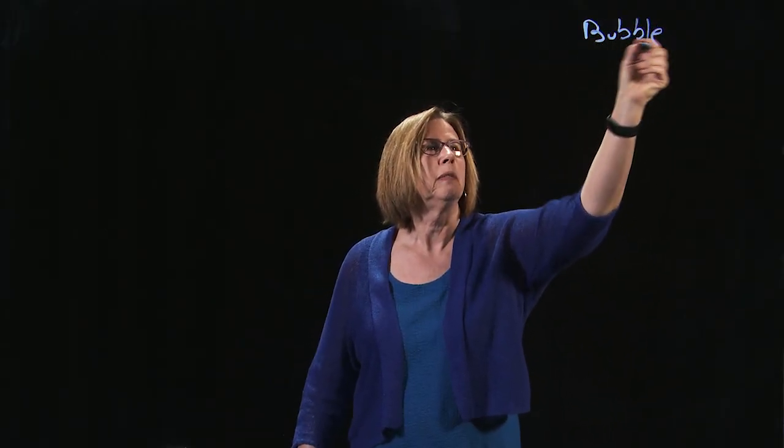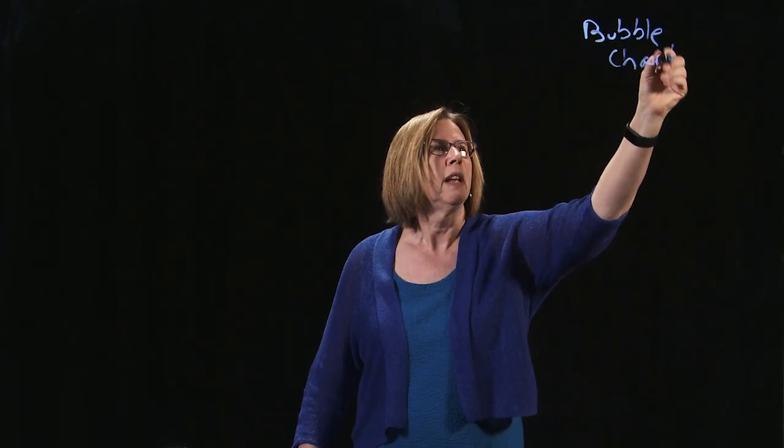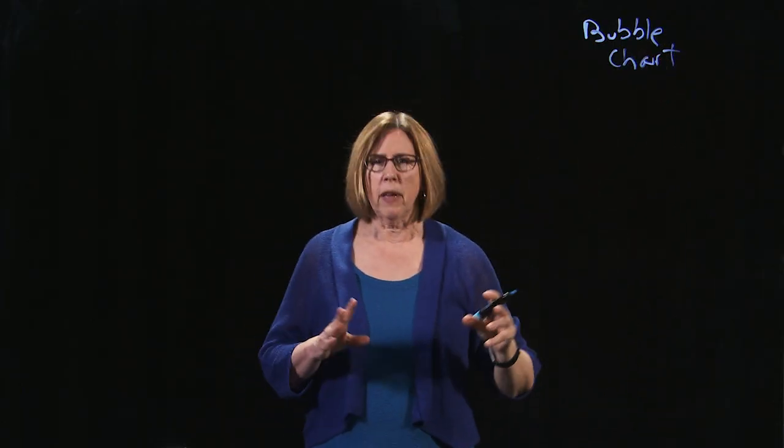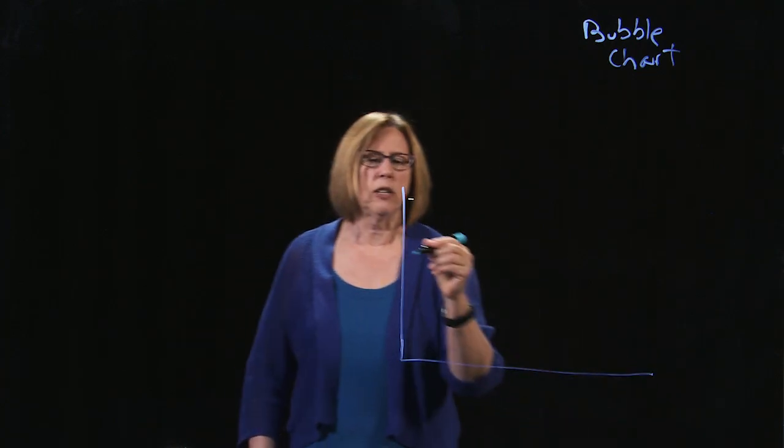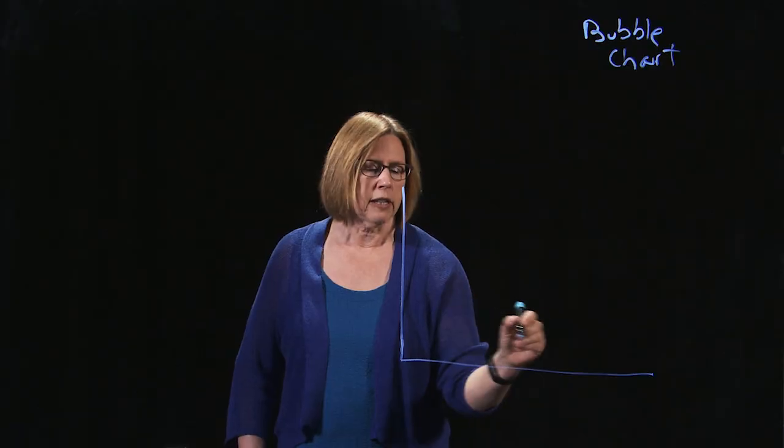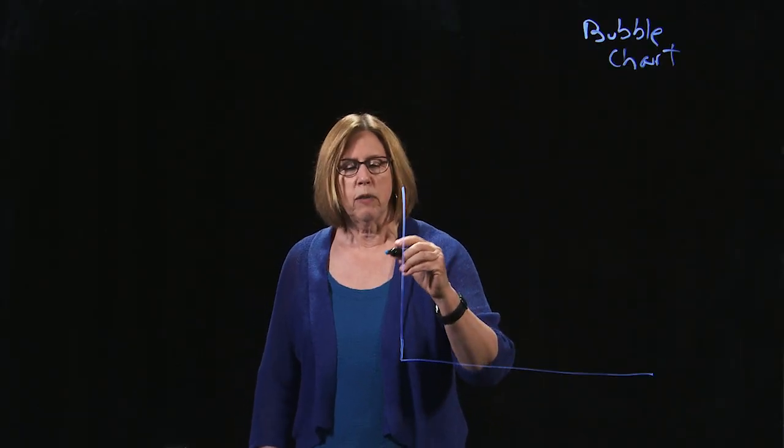I'd like to share with you a tool for competitive differentiation that lays out not only how you are different from your competitors, but how that difference relates to your market potential. And the term for that is a bubble chart, and you're basically identifying 3 dimensions. 2 of the dimensions are on the X and Y axes of the graph.